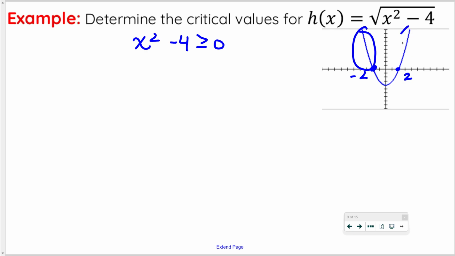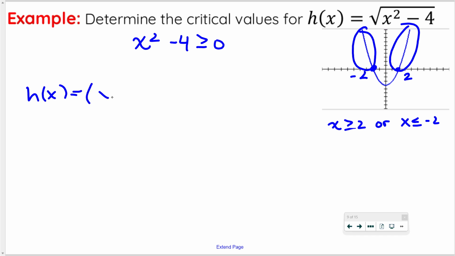That's on this side, and it's also on this side. So I have an overall restriction that x has to be greater than or equal to 2, or less than or equal to -2. Basically, anything between -2 and 2 would not satisfy the original function. That restriction goes throughout the whole question.